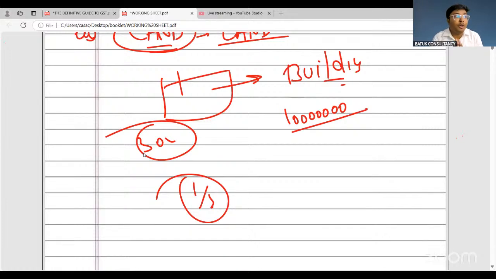But sir, for your kind information, I just want to say that 2/3 and 1/3 is only applicable when no other guideline is available.